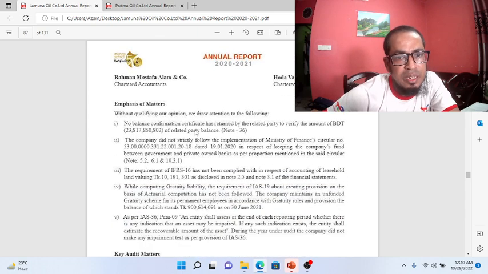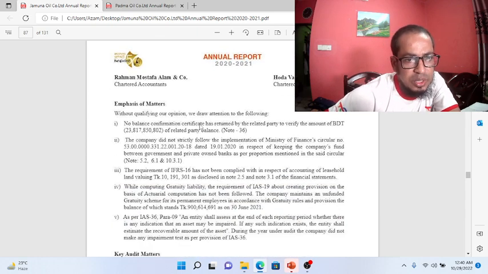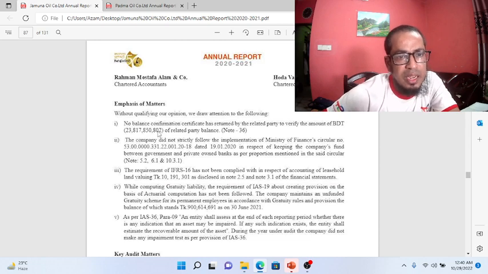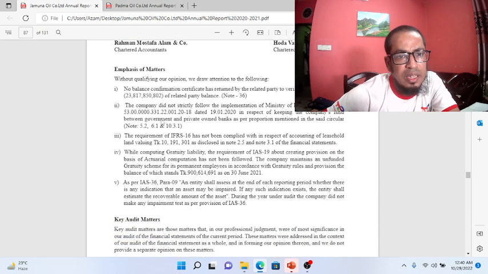Emphasis of matter. I have also discussed ISA 706. Emphasis of matter is not part of a qualification or disclaimer. No balance confirmation certificate has been returned related to the related party balance of 23,817,850,802.